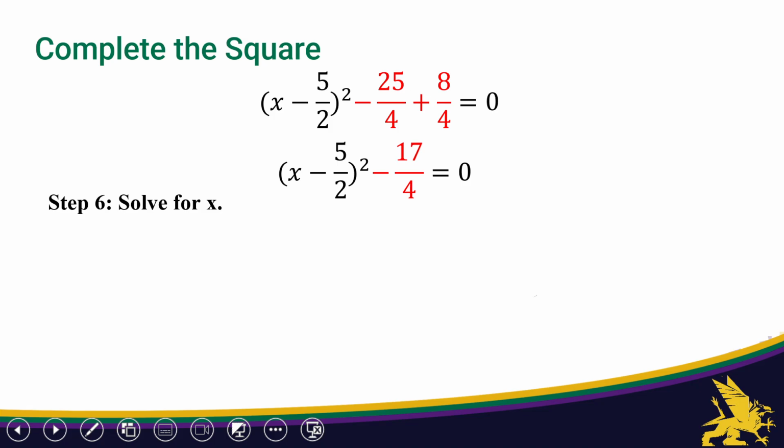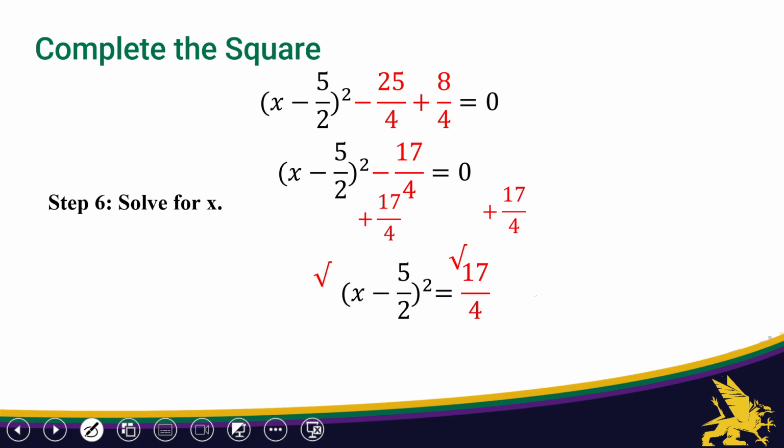This is in turning point form currently. So we are going to solve for x, which means I'm going to get rid of -17 over 4 by adding it to the other side. I'm going to square root. Remember, when we square root, we'll be square rooting the top and the bottom of my fraction. So square root of 17 will stay square root of 17 plus or minus, and square root of 4 is 2.